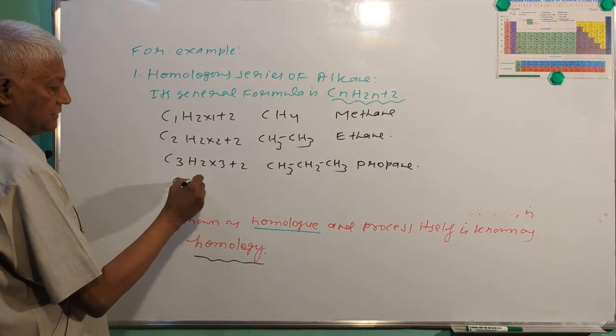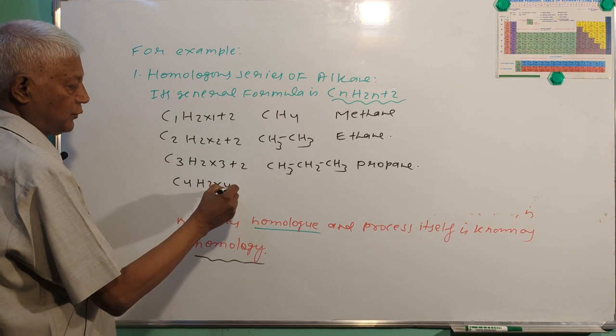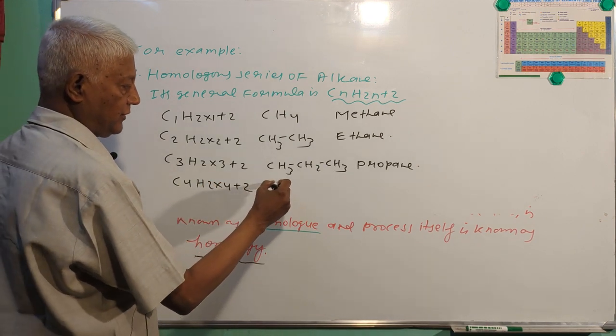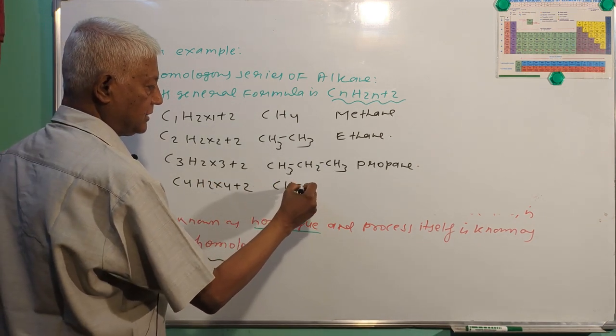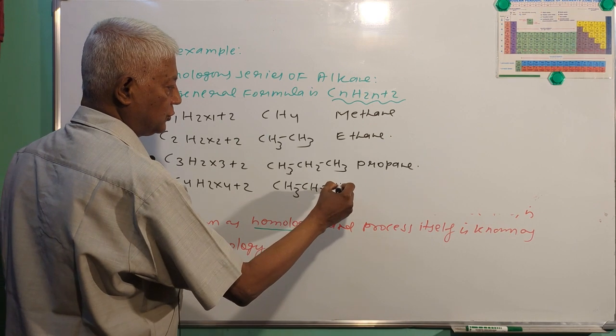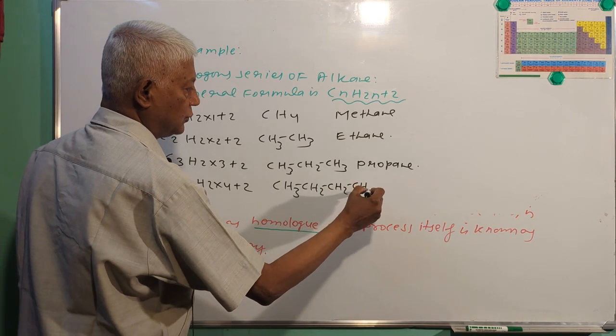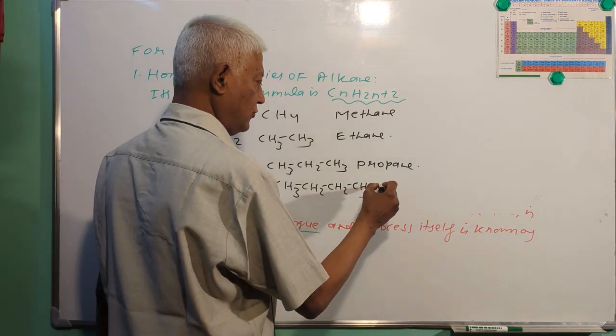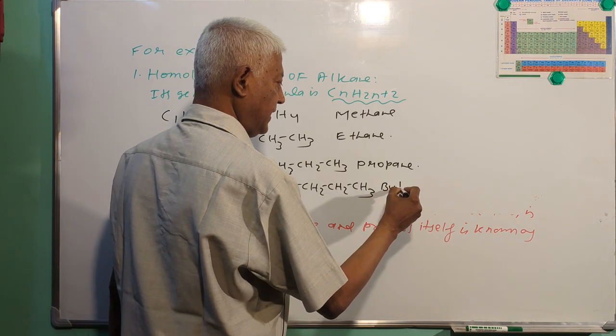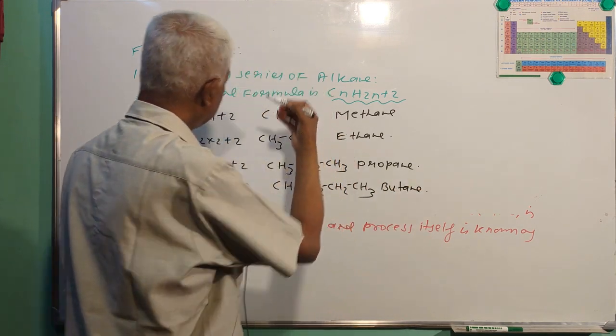Likewise C4, 2 into 4 plus 2: CH3CH2CH2CH3, which is butane. So that is a homologous series.